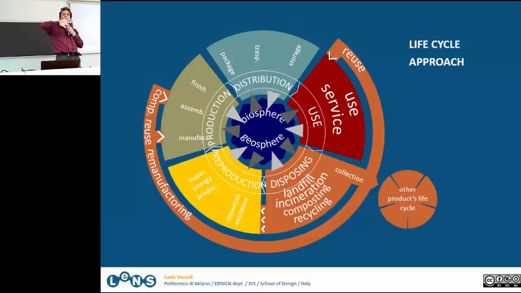So I have to know which are all the processes of all the product life cycle stages, and then I have to understand which are the inputs and outputs of all those processes related to this microphone, this cup of coffee, or whatever, the mobile phone you have in your pocket, and so on.